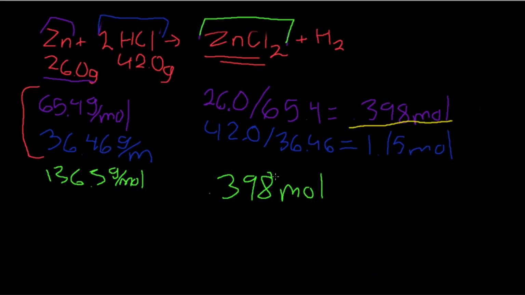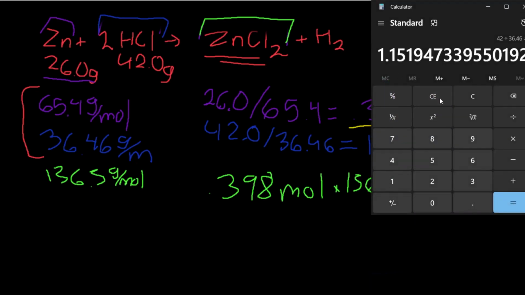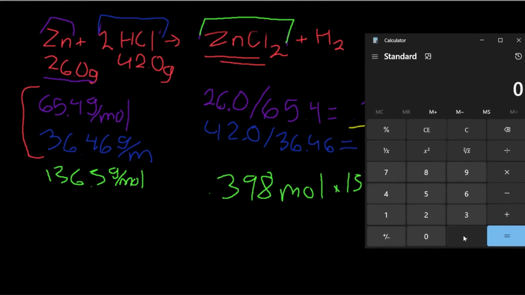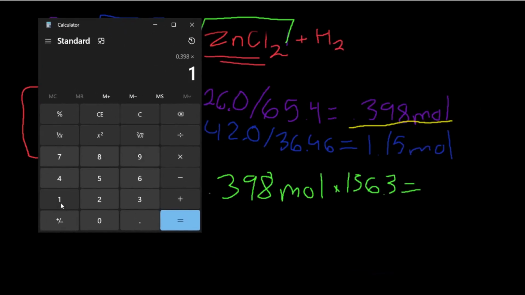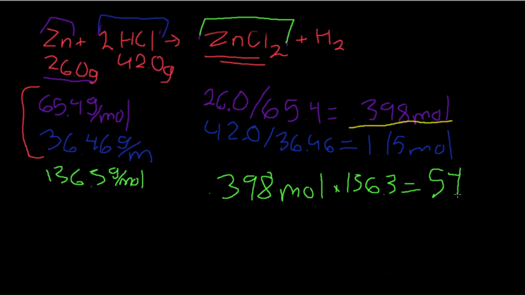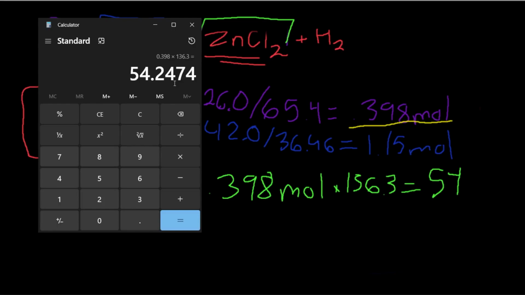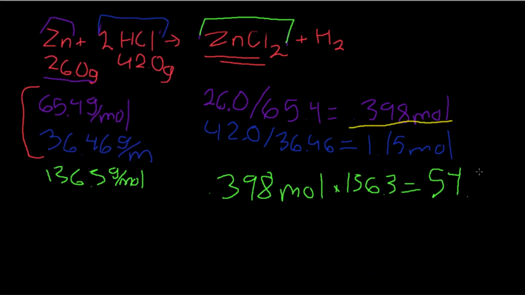So we have 0.398 moles of zinc chloride at 136.3 grams per mole. Now when you're going moles to grams, you multiply by the molar mass. So 0.398 multiplied by 136.3 equals 54.2 grams of this, which is perfect.